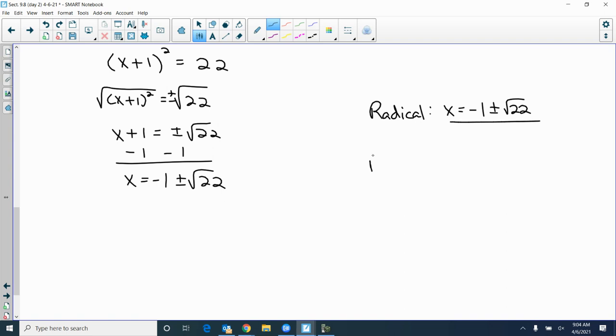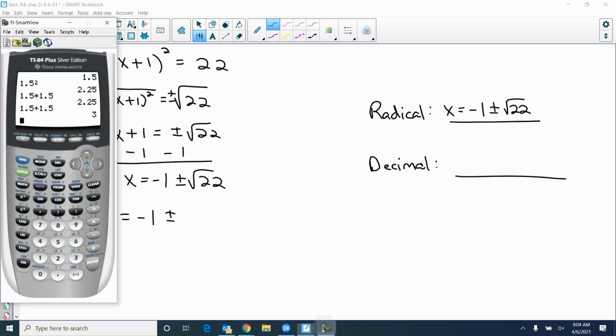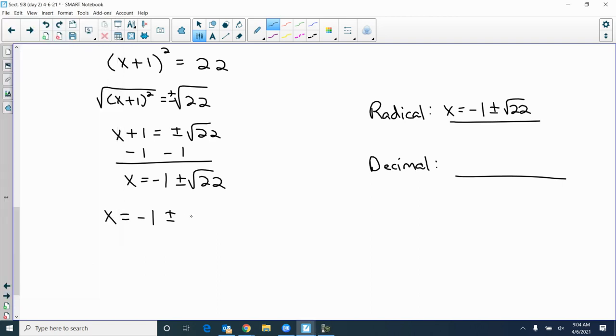Now it also says decimal. So now is where we take the square root of 22 and round it off to the nearest hundredth, which is 2 decimal places. So what does that become? Square root of 22 is 4.69.